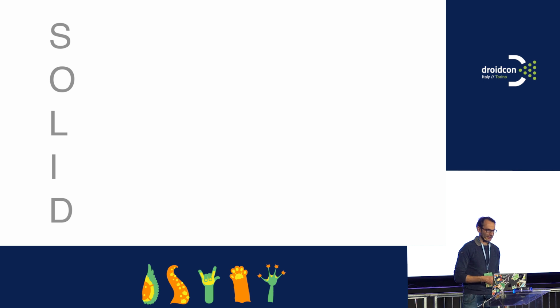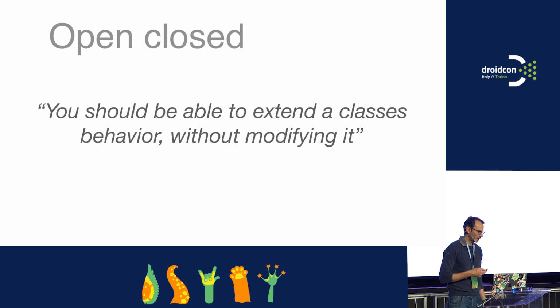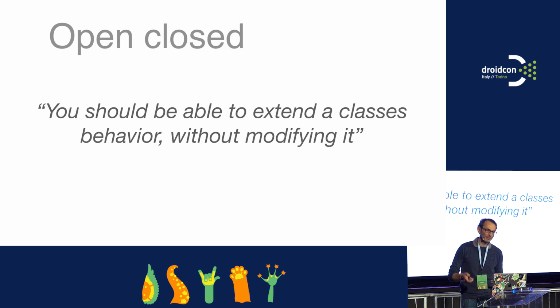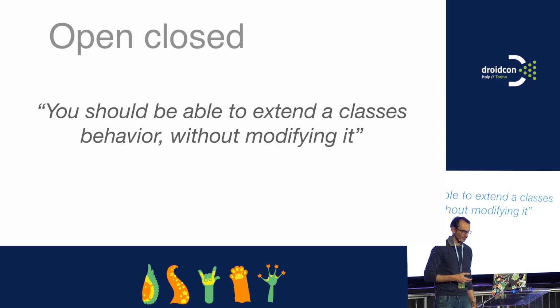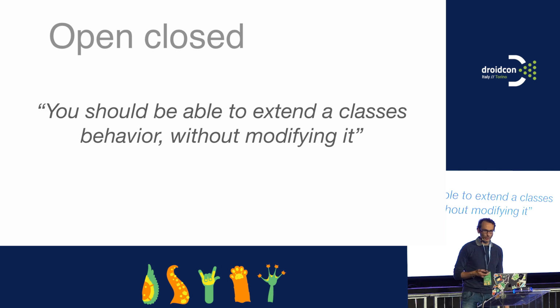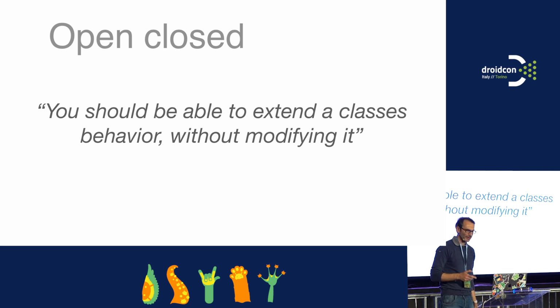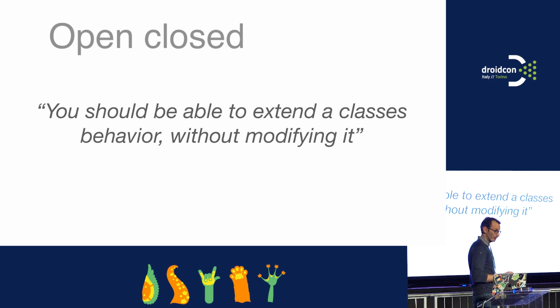Then there is the O that stands for open-closed. This principle says that you should be able to extend the class's behavior without modifying it. This is even older than the SOLID principles because it was in a 1988 book, Object-Oriented Software Construction, written by Bertrand Meyer.